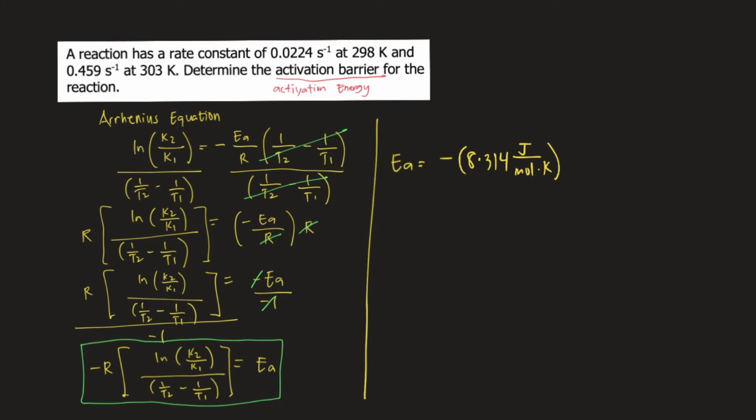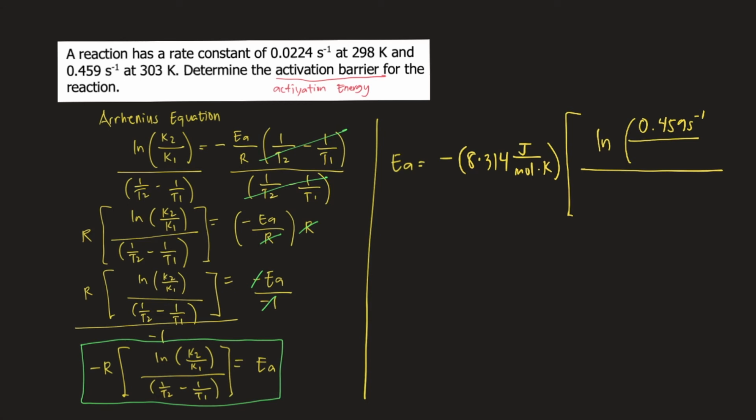And then you multiply this with ln K2. So the rate constant at temperature 2 is 0.459 s^-1 divided by K1.